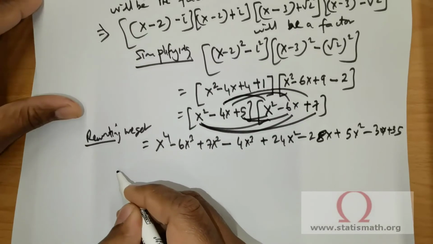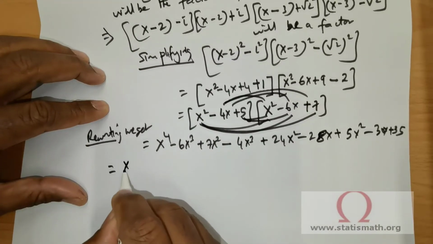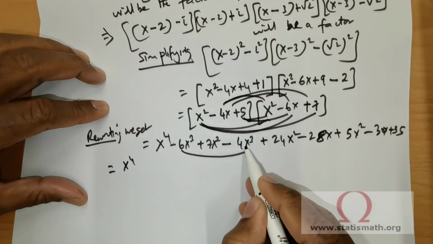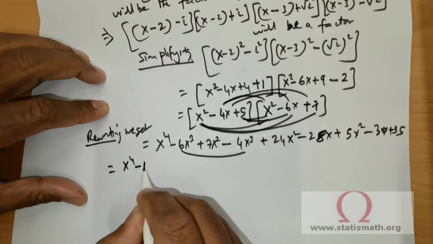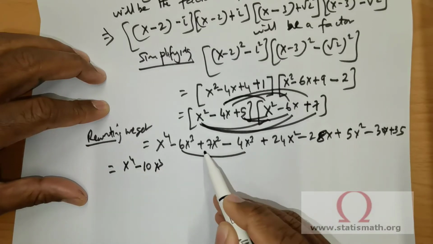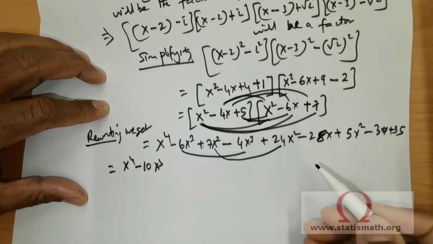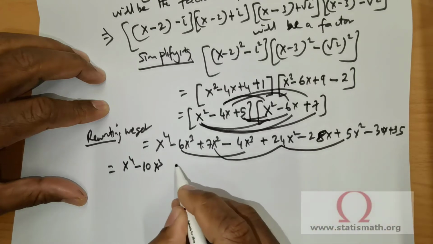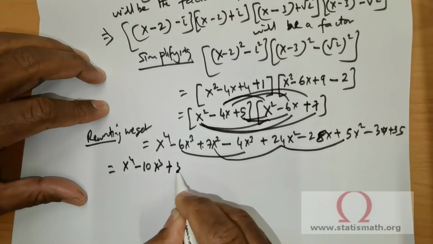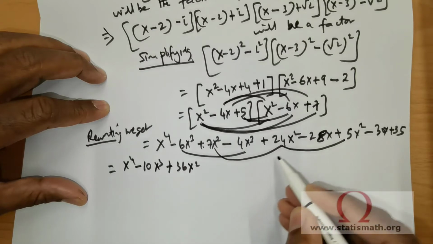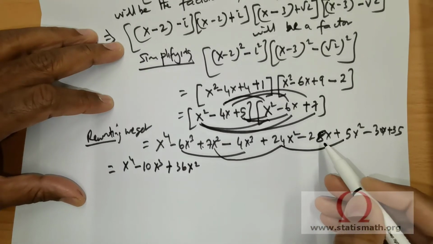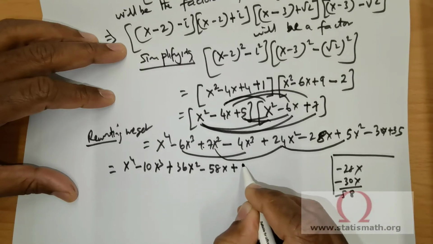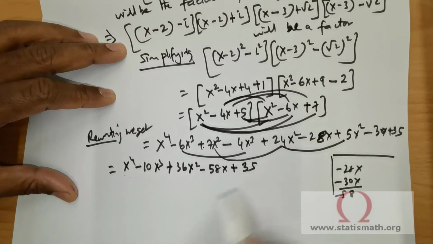This is further rewritten as x^4 − 6x^3 added with −4x^3, giving −10x^3. 7x^2 with 24x^2 gives 31x^2, and 31x^2 plus 5x^2 gives 36x^2. Then we have −28x and −30x, so −58x + 35. So we have got this polynomial.